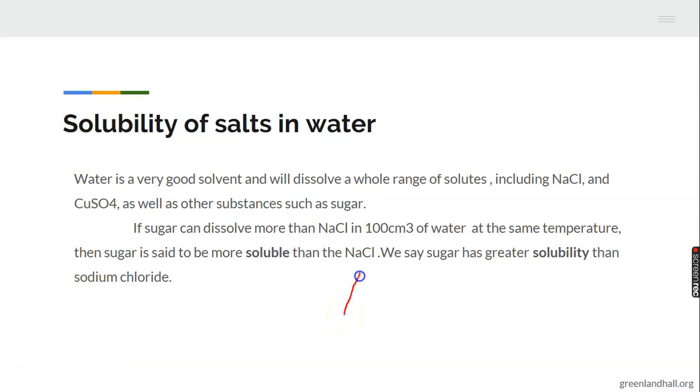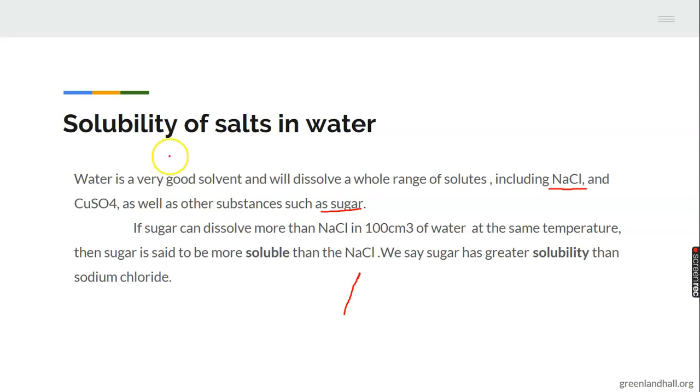Looking at sodium chloride and sugar, you can as well dissolve various chemicals or salts in water, but I'm going to be particular about this.